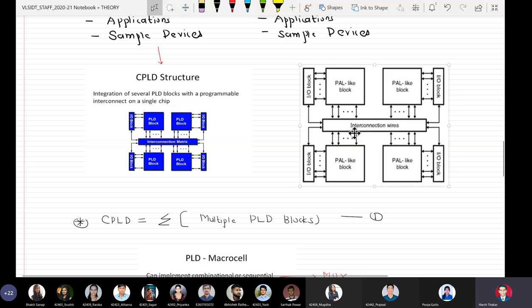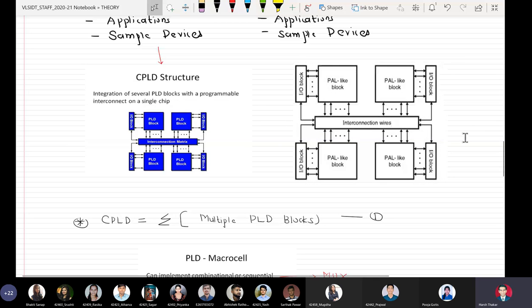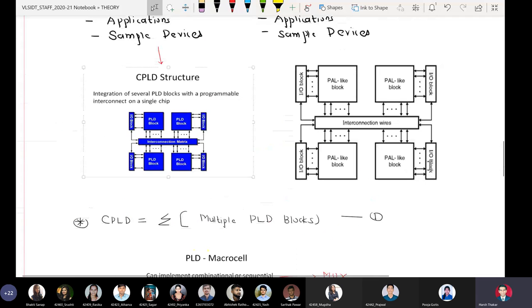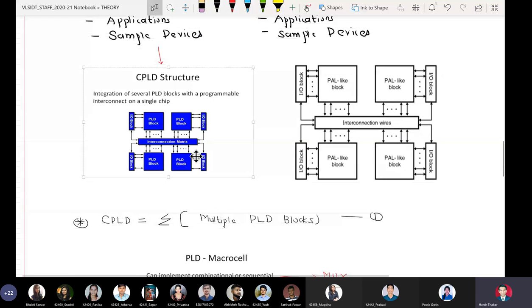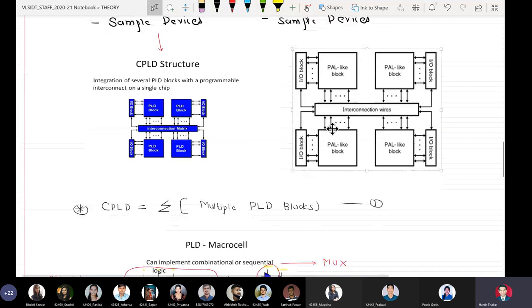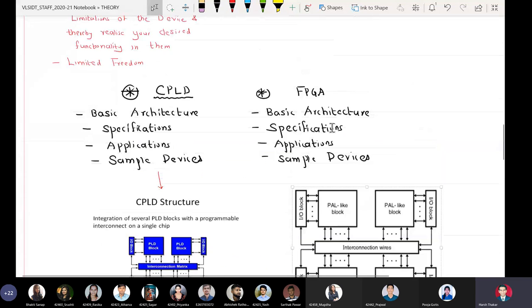I purposefully put it, because I had used the word PAL-like block in our PLD. So both of them are the same. So in the exam, when it is asked to draw the architecture of a generic CPLD, you can either draw this diagram or you can draw this diagram. So no issues at all.